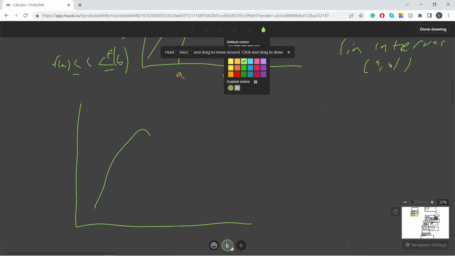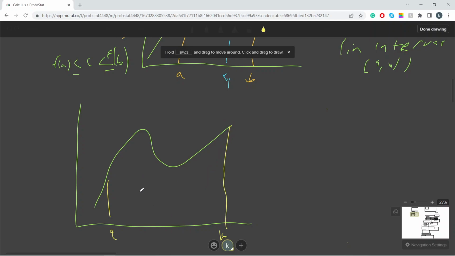Let's say that this was A, this was B right here, and then you have f of A, f of B, and then you have this mystery value right here, which is called K. So you see clearly in this picture, you have 3 points where the function evaluated at these x coordinates 1, 2, and 3 is equal to K, right?